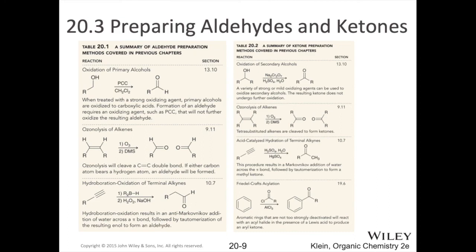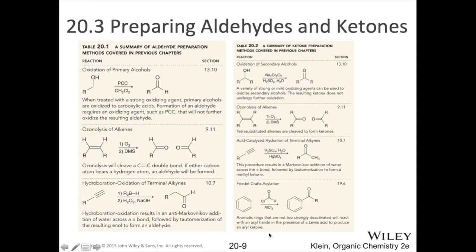And if you have trouble seeing this, I recommend, when in doubt, draw that enol intermediate. Look at that alkyne and ask, what is this going to look like when I add water across this? I know one carbon's going to get a hydrogen, one carbon's going to get the alcohol group. What does that look like? And then you can go from there.